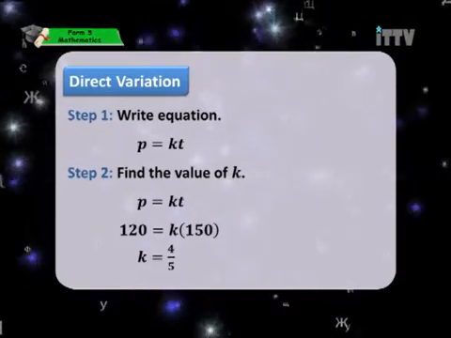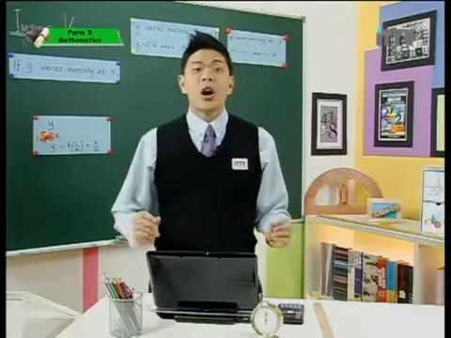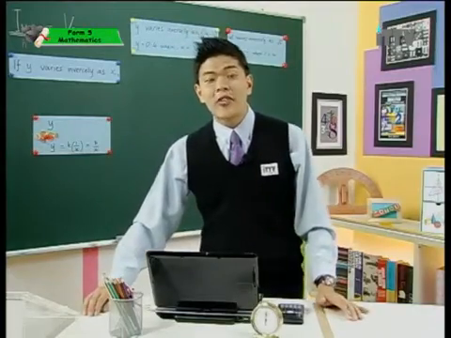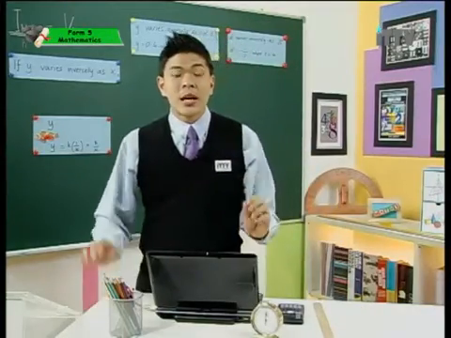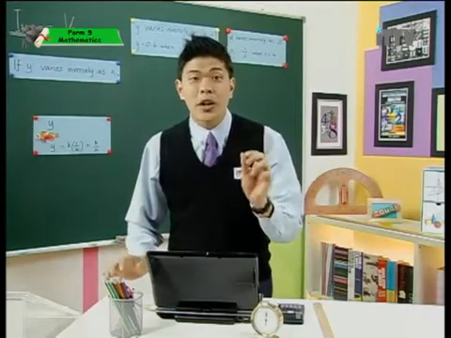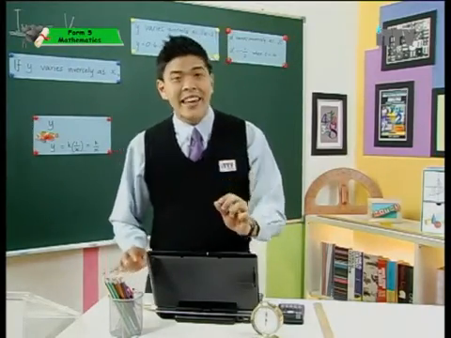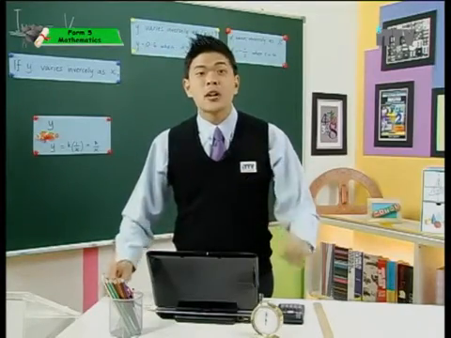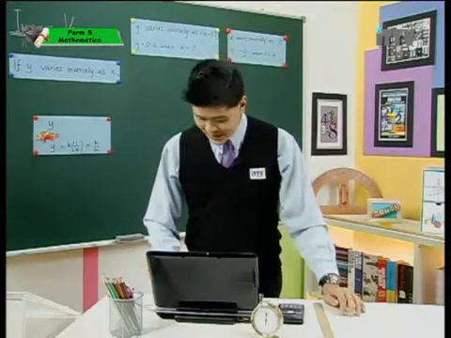K equals 4/5. Alright guys, usually to find the value of K, you need to substitute a pair of values for the variables involved, and it will always be given. When you get back the K, don't forget to insert it back so that your equation becomes complete.